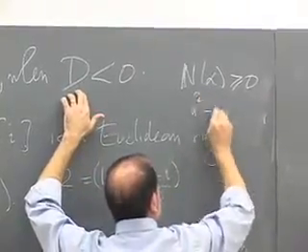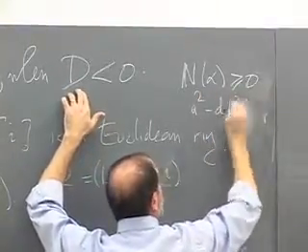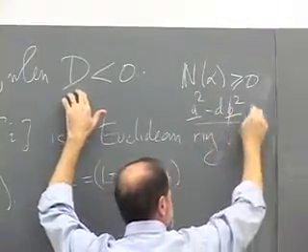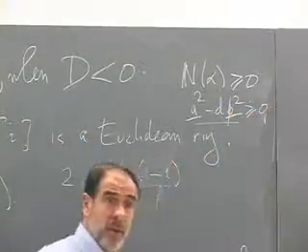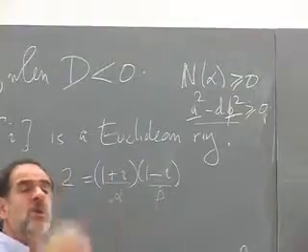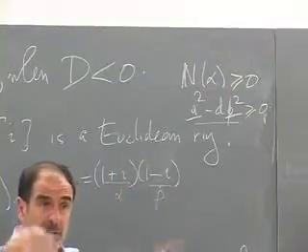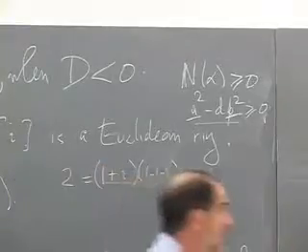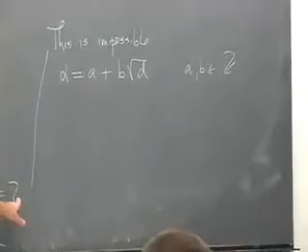It's a squared minus db squared. A squared and b squared are positive, and d is negative. So this number is greater than or equal to 0. Okay? So in general, when we were doing units in general, we had the possibility of minus 1 for real quadratic. But in the imaginary quadratic, the norm is always positive. So that's why they don't have to be plus or minus 2. They really have to be 2 here.